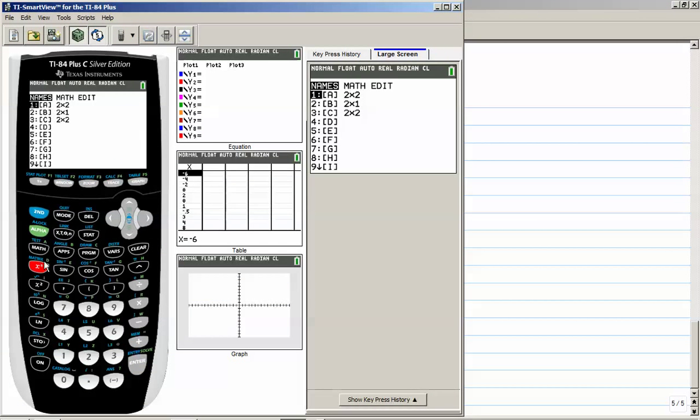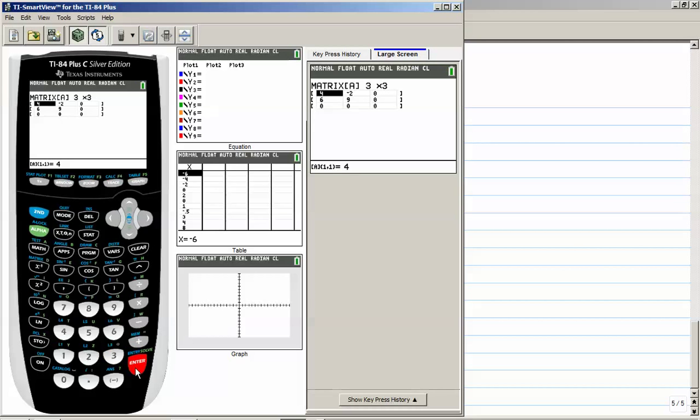So I will need to change A and make it a 3 by 3 matrix and put in my numbers.